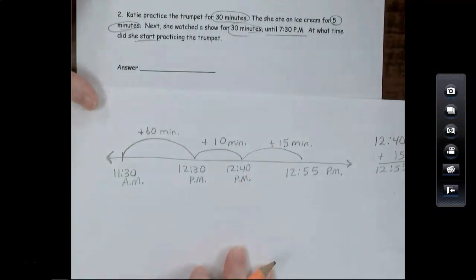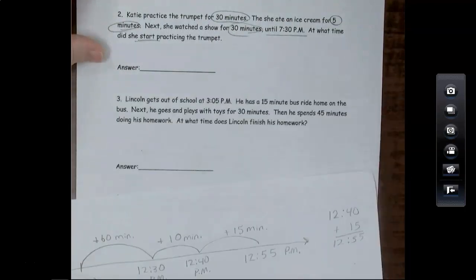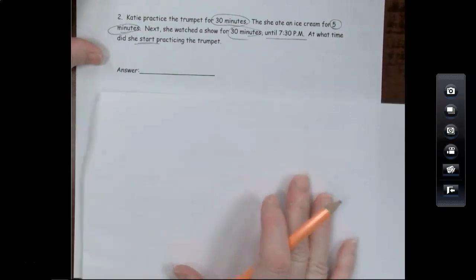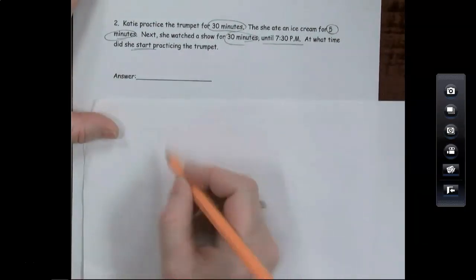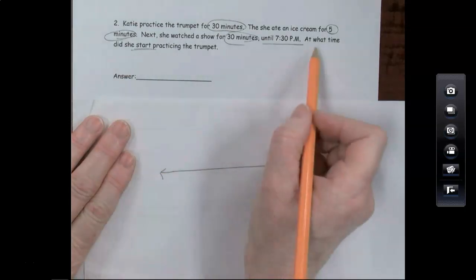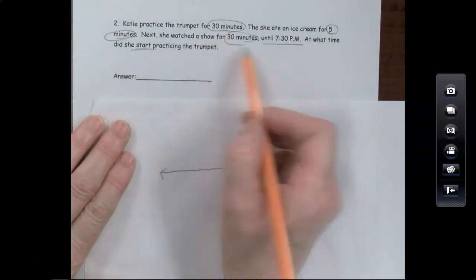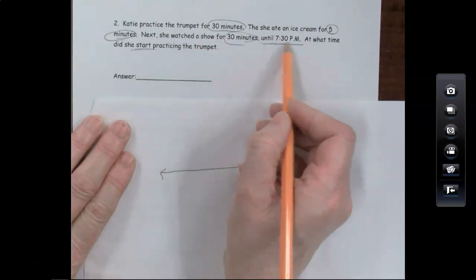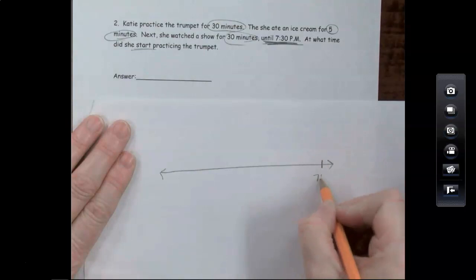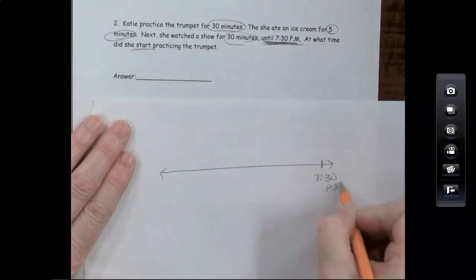Well, let's go back here and make a timeline. At what time did she start? She practices and then watches the show until 7:30. So you're at 7:30 p.m. right here.